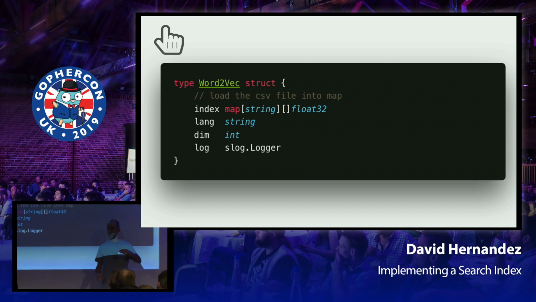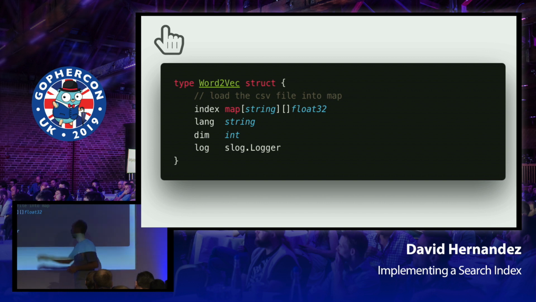For every single word, you have the vector representation of the word. The only thing we have to do is load that CSV and put it in a map of string to float slice. So you can have an index of all your words in a simple map.